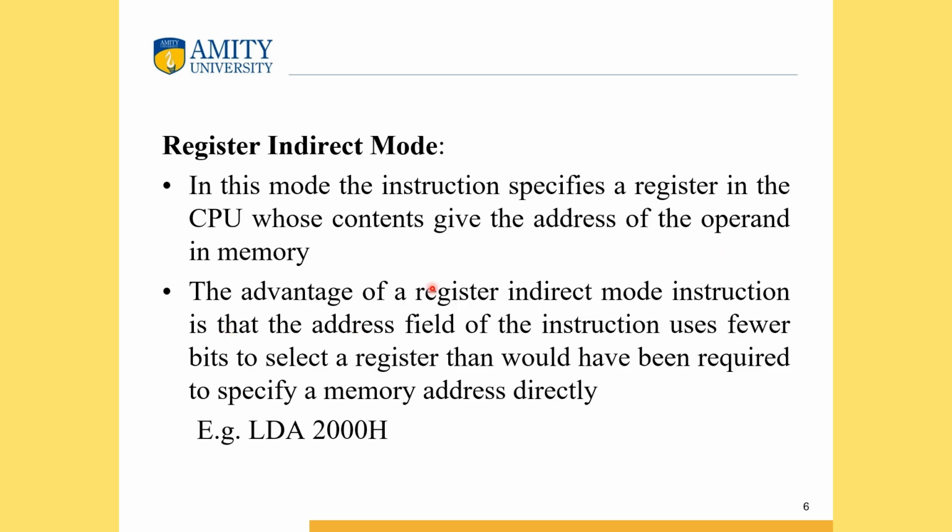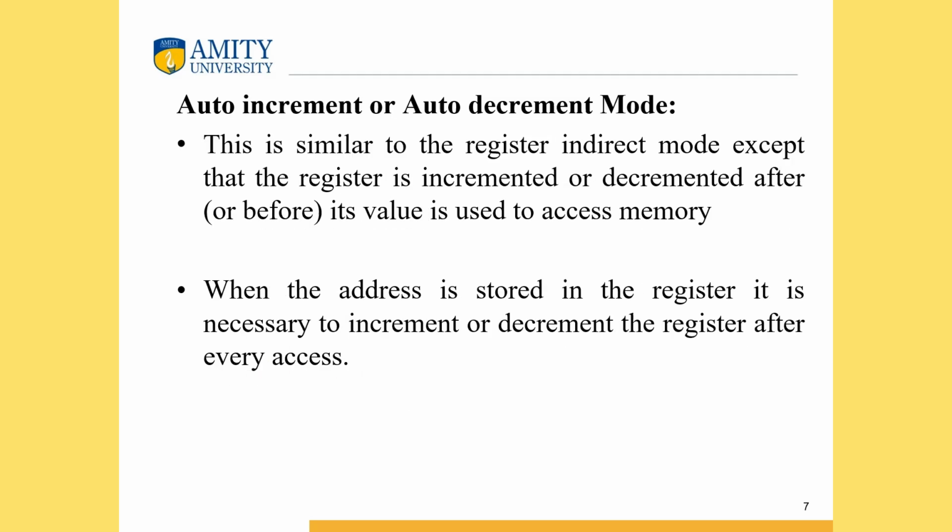The advantage of this mode is that the address field of the instruction uses fewer bits to select the register than it would have to specify a memory address, since a memory address will be 12 bits, but to select a register it can be only 6 bits or so, depending on the organization of the computer. So this allows for a smaller number of bits.